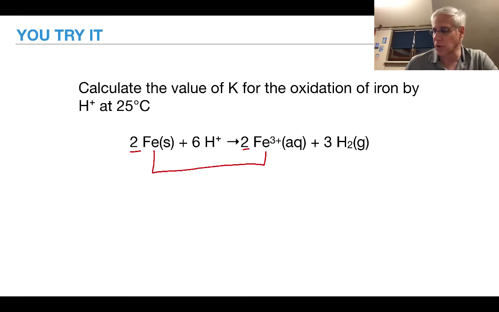The other thing you are going to need to find here is your E0 cell. And once you find that using the tables in your book, you should be able to use the previous equation to find the value for K. I will have that worked out on YouTube so you can see if you did it correctly.